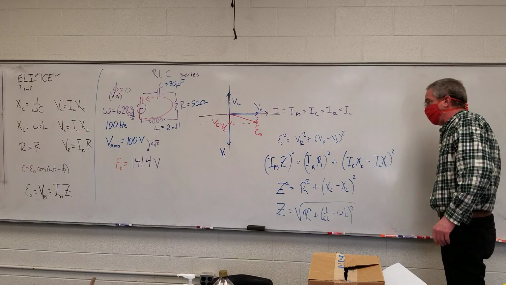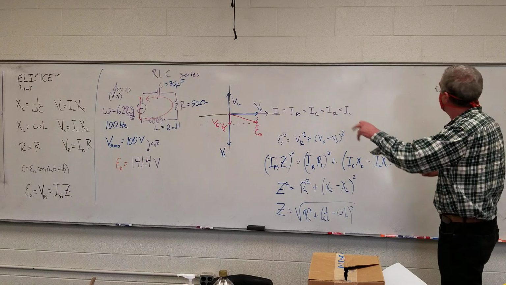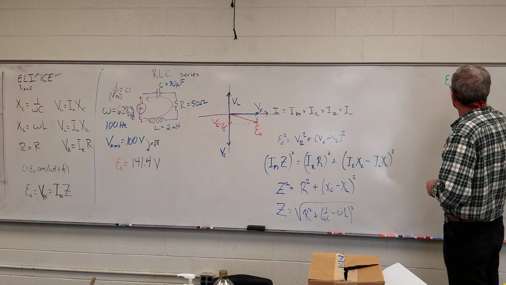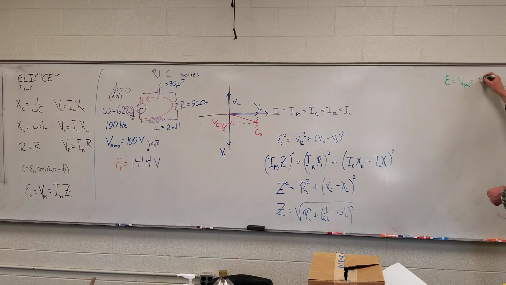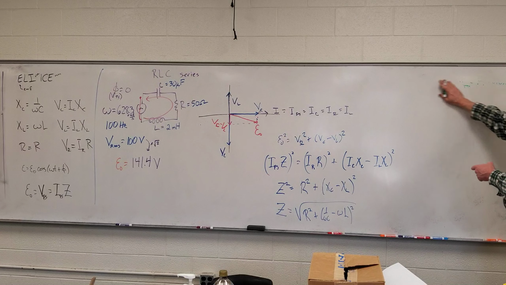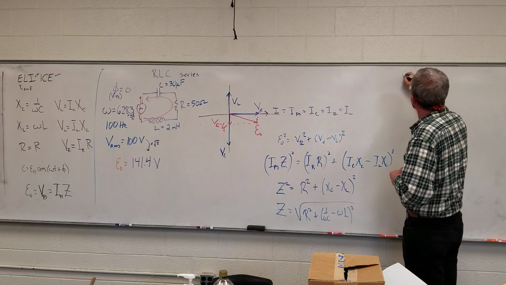So right off the bat, I have an equation for the voltage from the power supply, either one. And so we have 141.4 volts times the cosine of 628, and now I'm going to be off screen there, so let's move it over some.